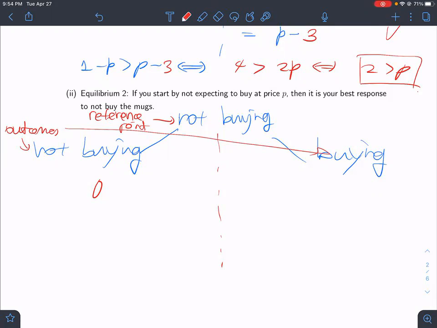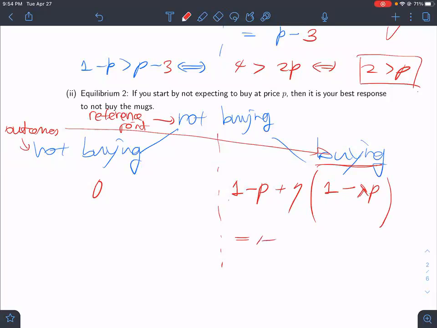Okay. And then the second case, if you buy the mug, you get 1 mug, sacrifice P dollars. And then what is the gain loss utility? You got 1 mug. However, you lose P dollars. Loss gets penalty lambda. So we multiply this.